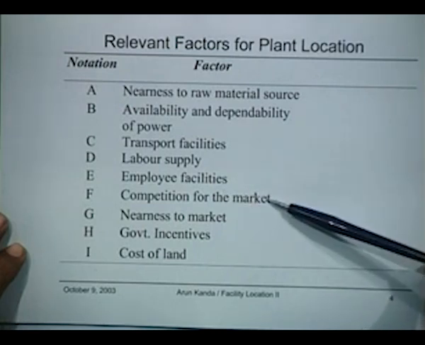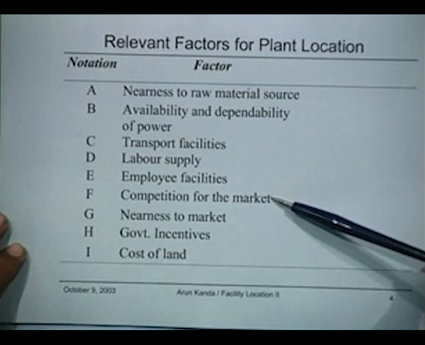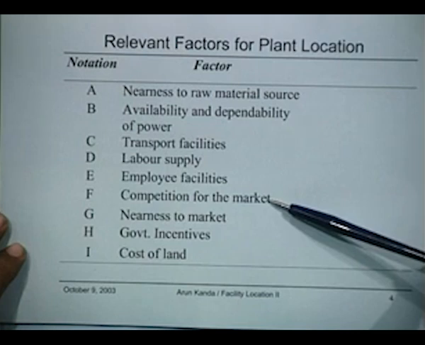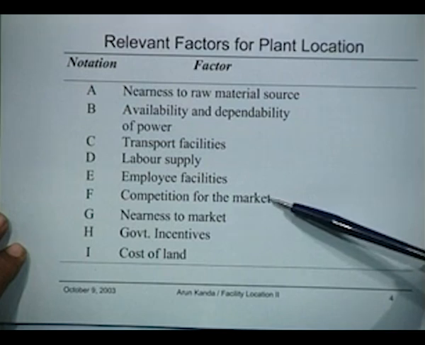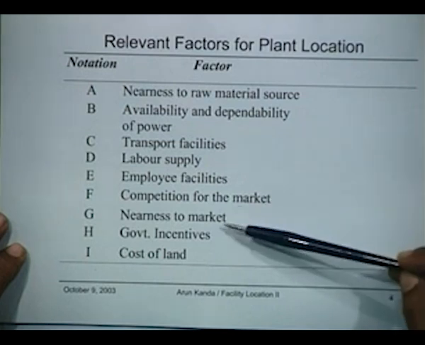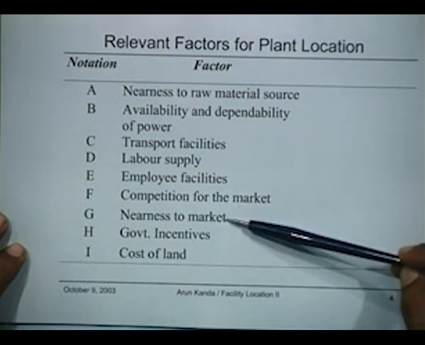Competition for the market was considered to be another major factor, because if there were already a large number of manufacturers of straw board in that particular area, it would be difficult to sell your product. So competition, the lesser the competition for the market, the better it was. Nearness to market was considered another important factor.